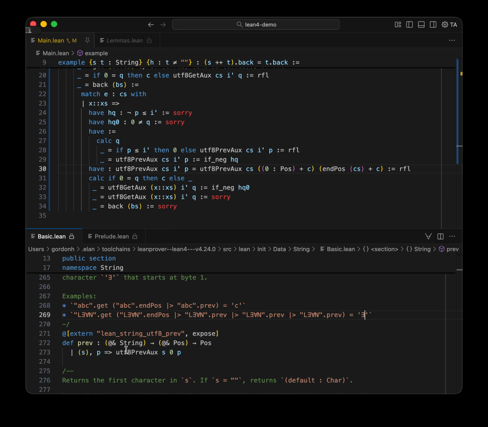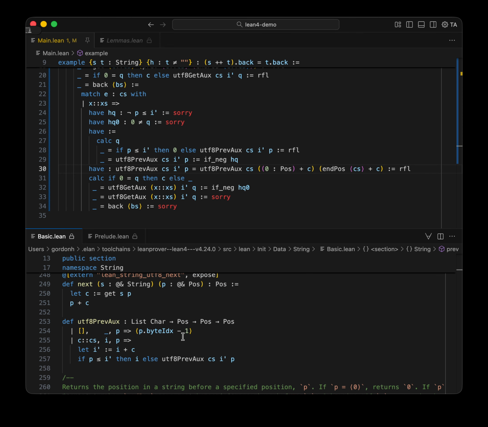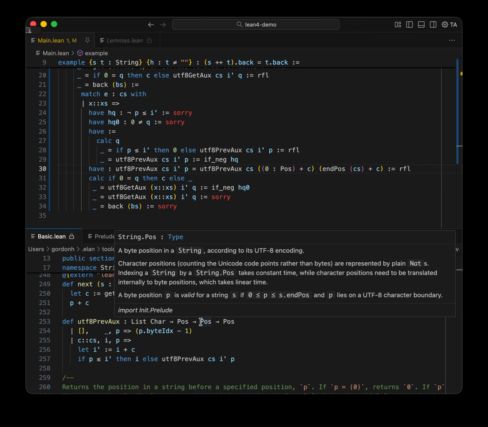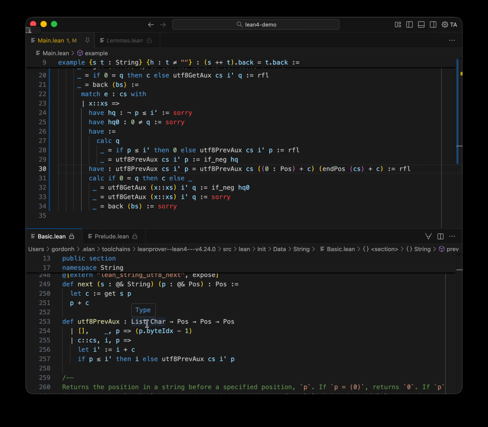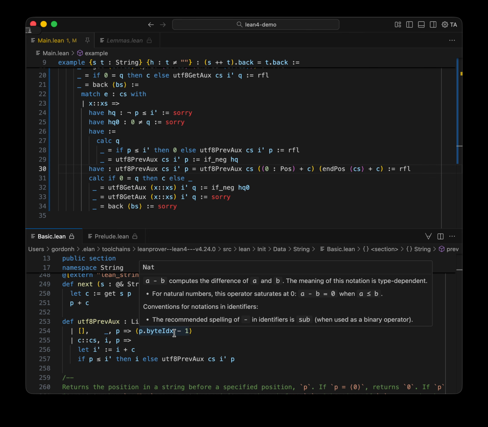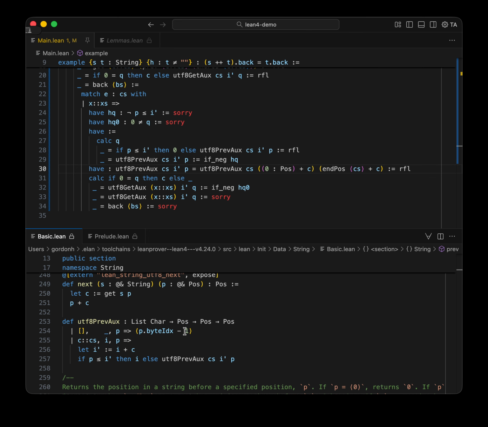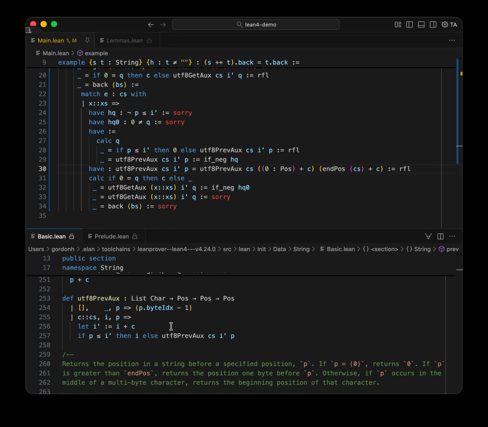It breaks it down into positions from 0 to P. Given an empty list of characters, it will always give you the byte index of P minus 1. What about this?